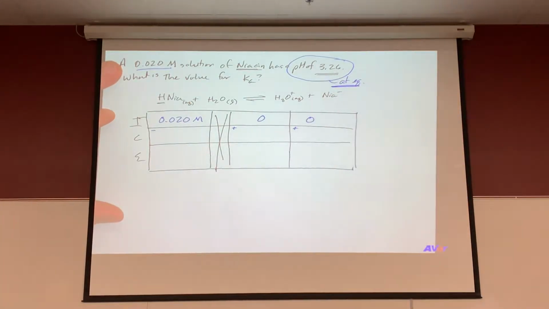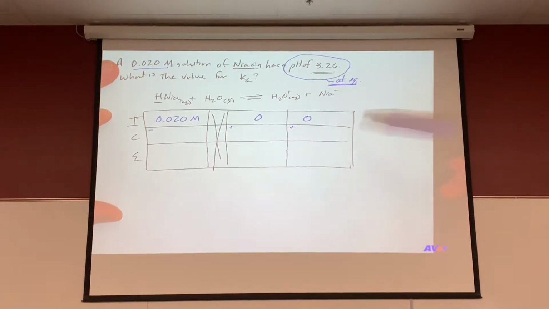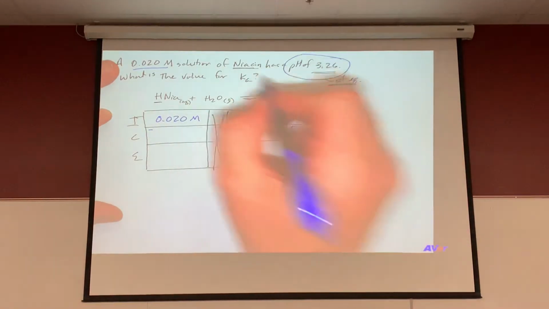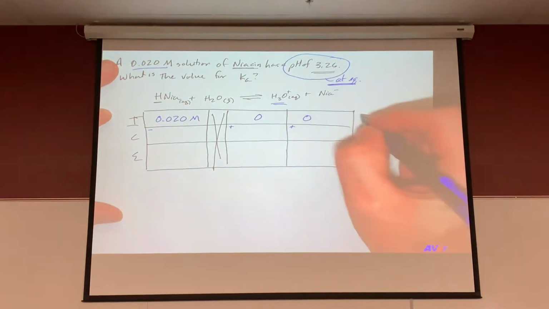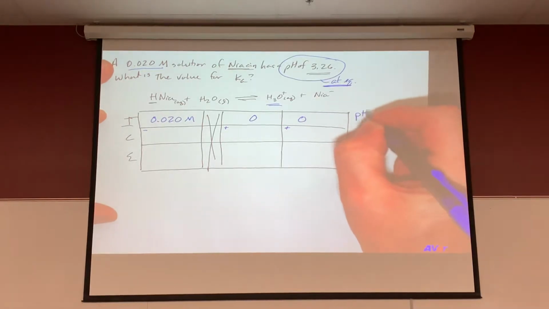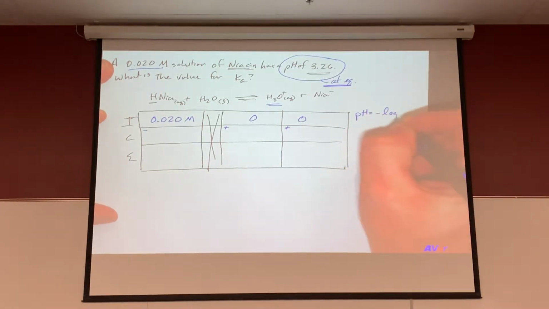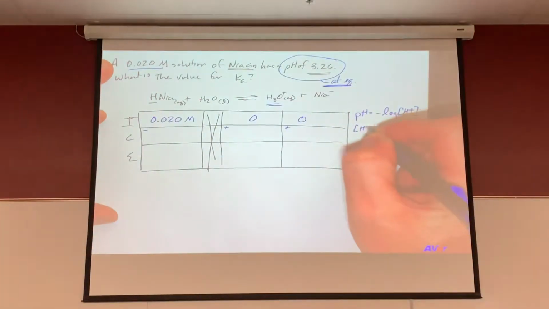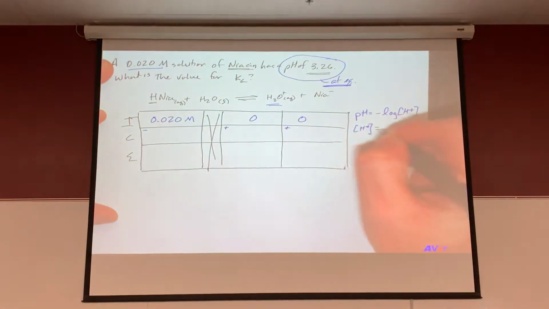What can you do with the pH? Figure out the concentration of hydrogen, right? Or in this case, hydronium. So you've got some equations to keep in mind. pH equals negative log of H plus. You can work that backwards and say the concentration of H plus equals 10 to the negative pH.